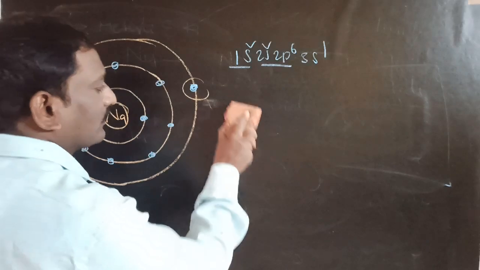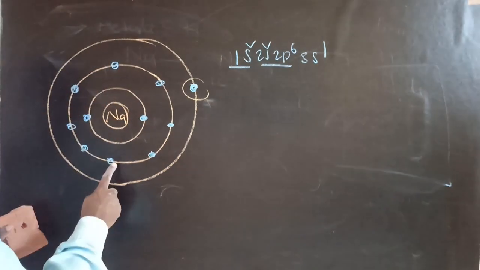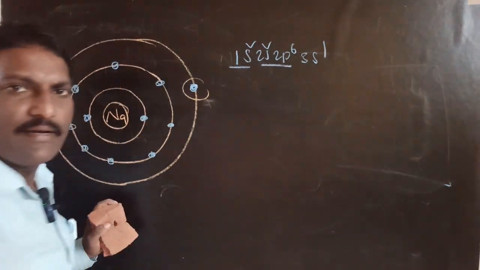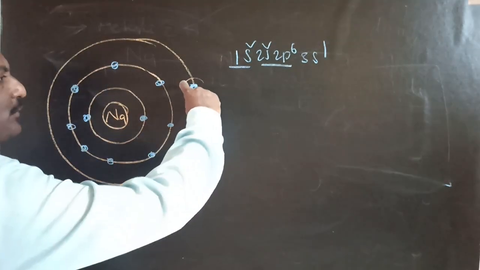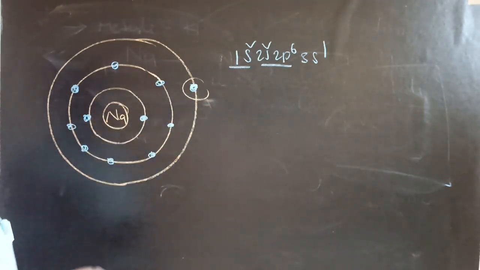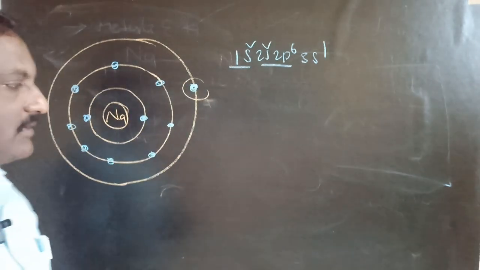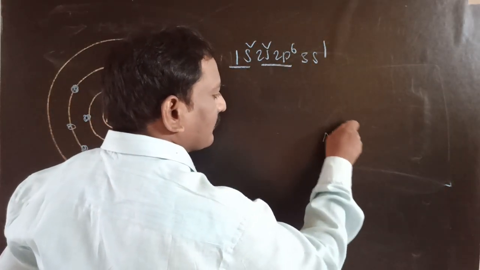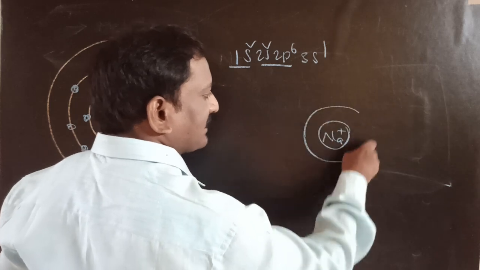Next point. The size of the cation is always smaller than that of its parent atom. Listen to me. If you remove one electron, it gets a positive charge. So let us assume this is a sodium ion. First shell, second shell.